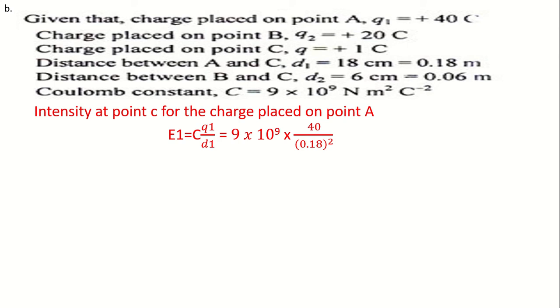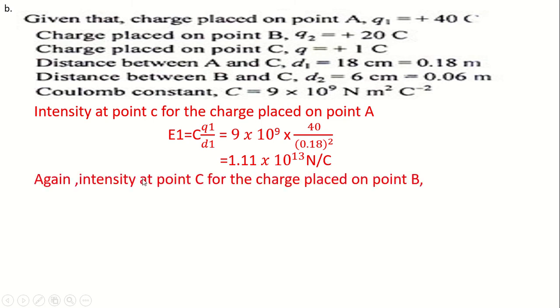That means an electric field intensity can be calculated for that unit positive charge. So E1 equals C into Q1 by D1 square, because here the field creating charge is Q1. 9 into 10 to the power 9 into 40 by 0.18 meter square. What comes? 1.11 into 10 to the power 12 Newton per coulomb.